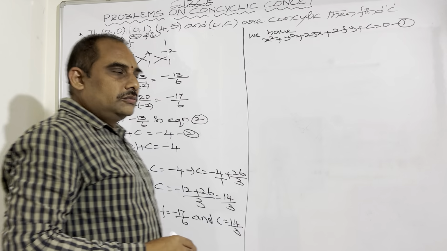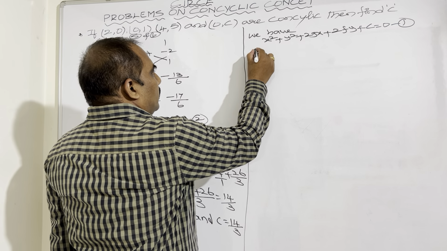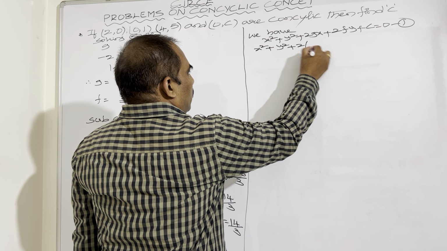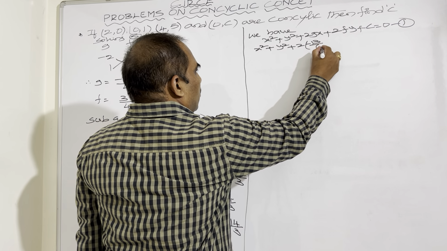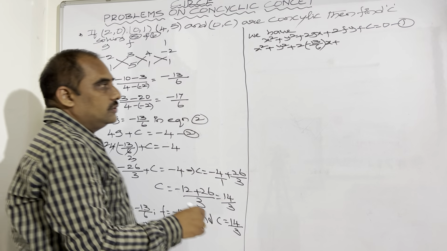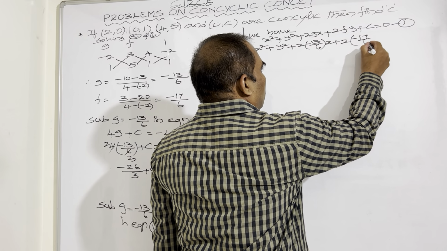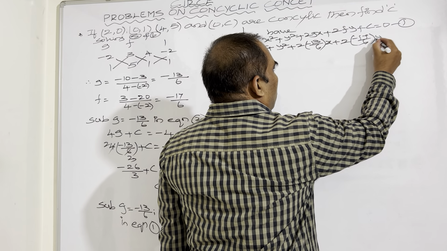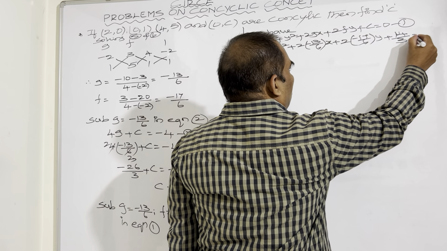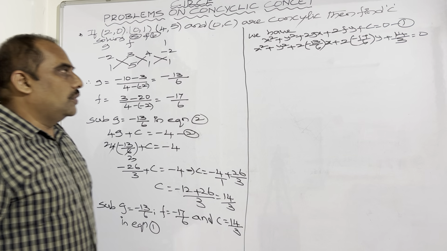Substituting this, g is minus 13 by 6, that means x square plus y square plus 2 into minus 13 by 6 into x, plus f is minus 17 by 6, so 2 into f is minus 17 by 6, into y, plus c is 14 by 3 is equal to 0. All the values are substituted in equation 1.